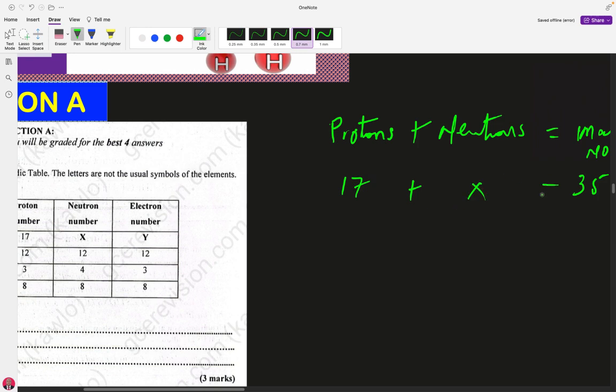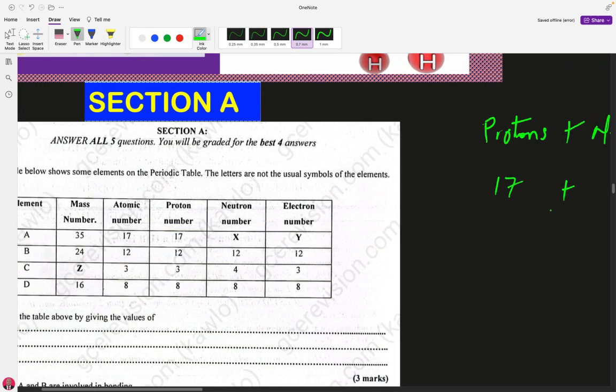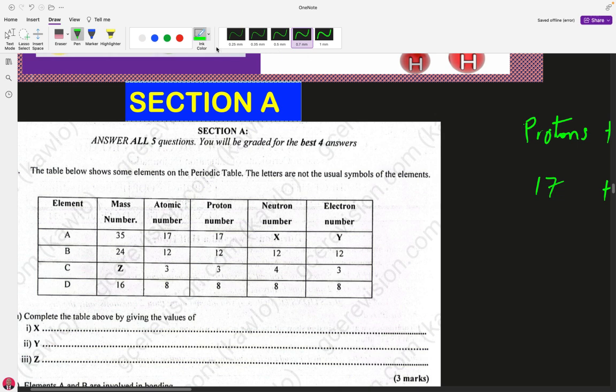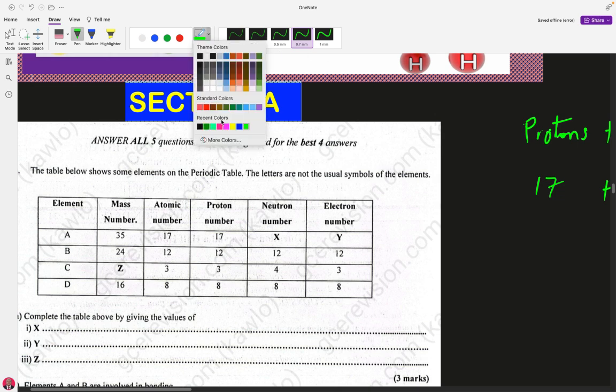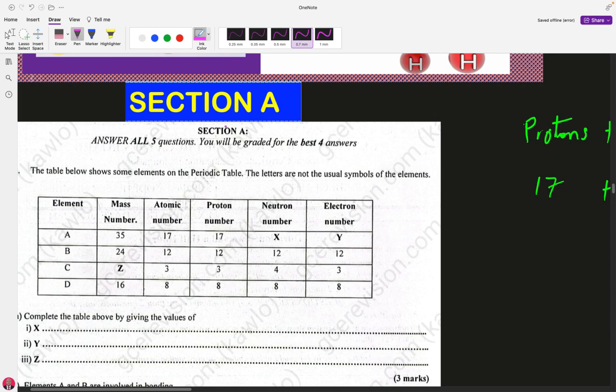So therefore, 35 minus 17 is 18. Our answer for x is 18.